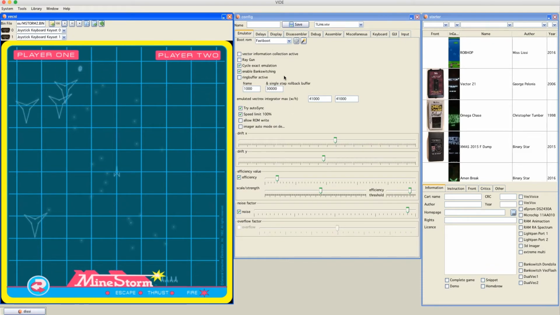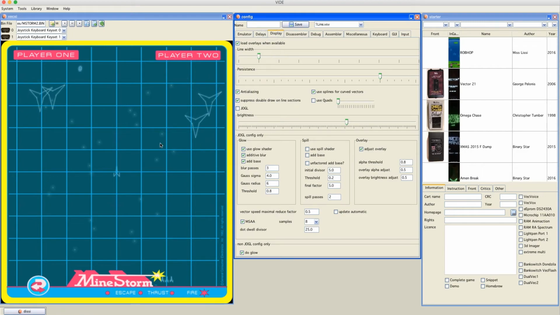Some items from the first emulator tab were put onto the display tab because I think they fitted quite a bit better there. You can switch between all graphics on the fly, and you will see the difference immediately.